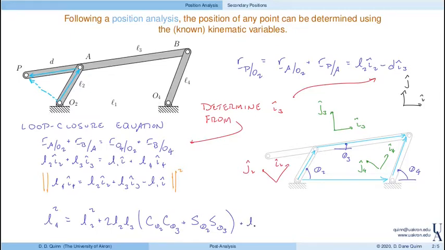We have plus L3 squared. We have a term that comes from L1 dot L3, which is minus 2 L1 L3 cosine theta 3, plus L1 squared. And then finally we have minus 2 L1 L2 cosine theta 2.